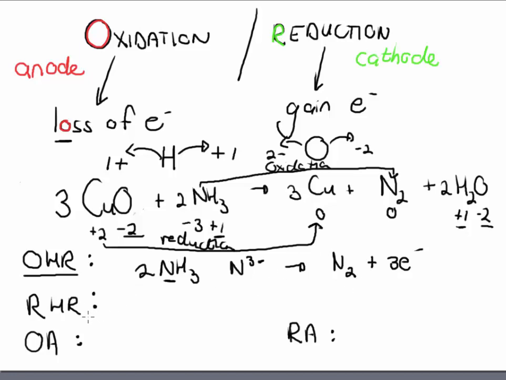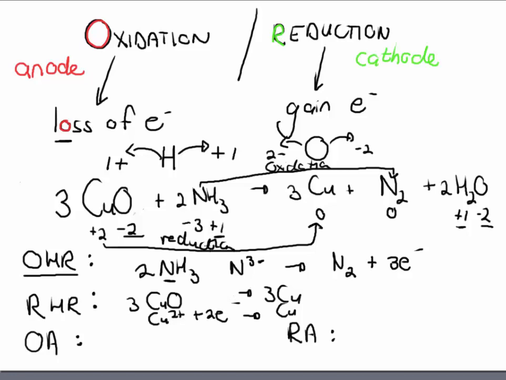If I look at my reduction half reaction, remember here I had the 3 copper oxide that became 3 copper. We look at the oxidation numbers, we see it went from +2 to 0. Let's look at the charges. Remember, copper oxide is an ionic compound, which means a metal and a non-metal bonded. I know that this was Cu2+, that became Cu, and the only way that could happen would be if it absorbed electrons.